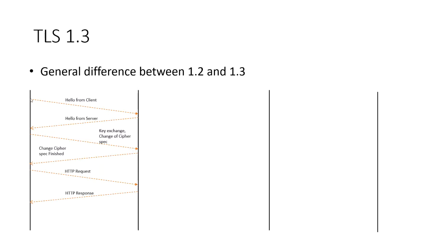If each message takes 10 milliseconds from client to server, then 10, 20, 30, 40, 50, and 60 milliseconds to get one response back from the server. It takes 60 milliseconds.